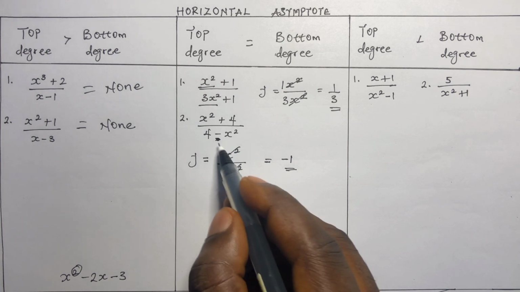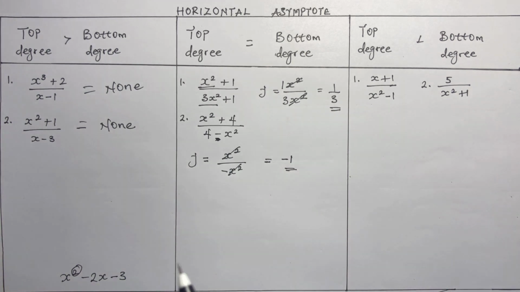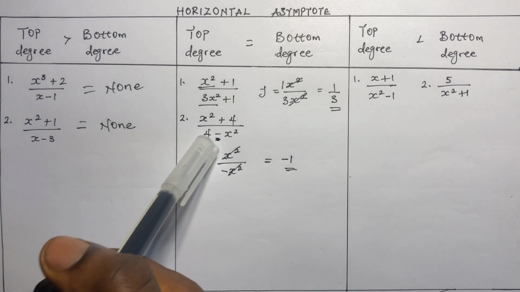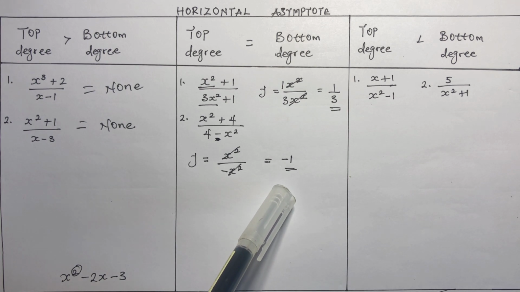You need to take very good note of the signs when you are working with horizontal asymptotes. So the horizontal asymptote of this function is negative 1.